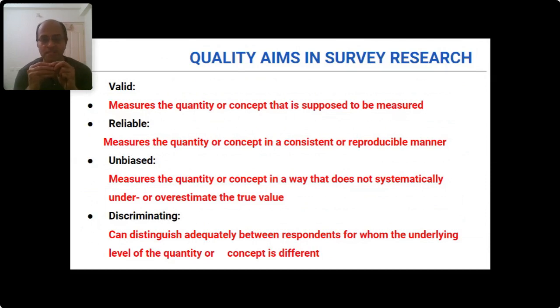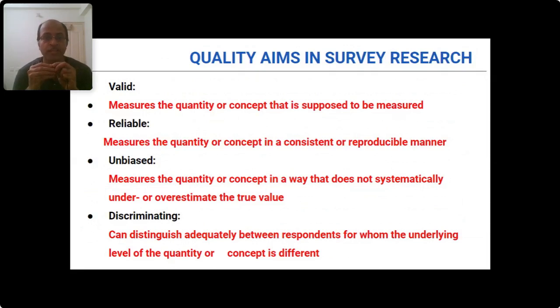If somebody else picks this questionnaire and tries to do it for his own, then you have to get similar results. It should be unbiased, in the sense that whatever you are measuring should be a true value. It should be statistically significant and there should be no risk of bias, meaning you are not trying to put in your opinion by doing the questionnaire. You are trying to give the neutral opinion of what comes out.